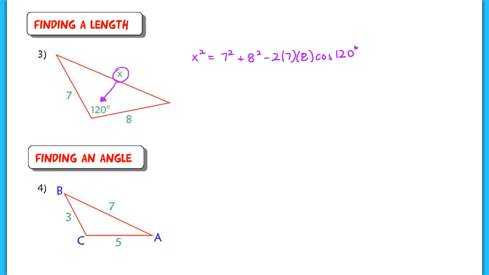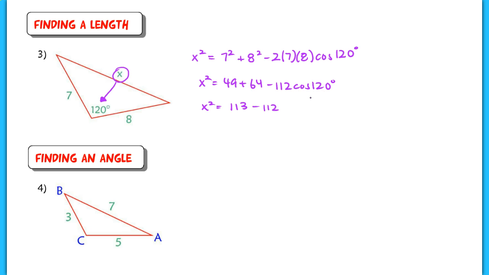Now I can solve for this and just do a little bit of mental math here. I have 49 plus 64 minus 56 times 2 is 112 times the cosine of 120. So we have x squared equals 113 minus 112 times the cosine of 120.